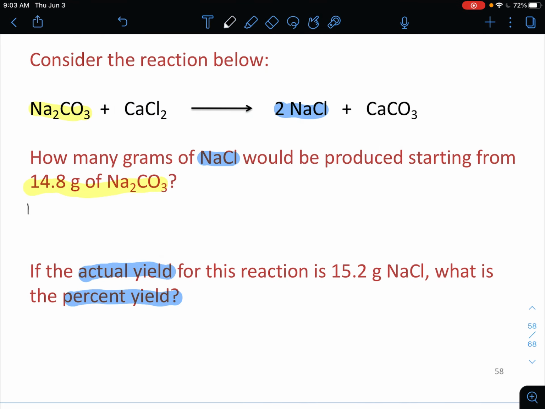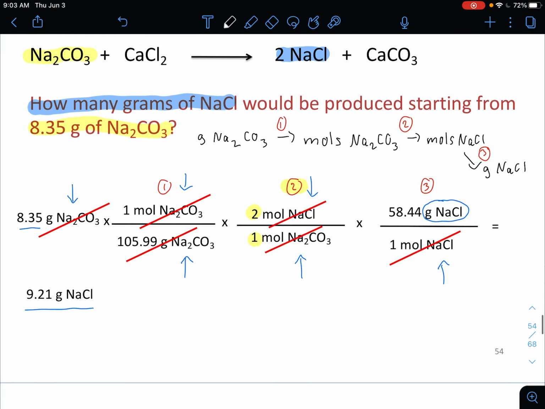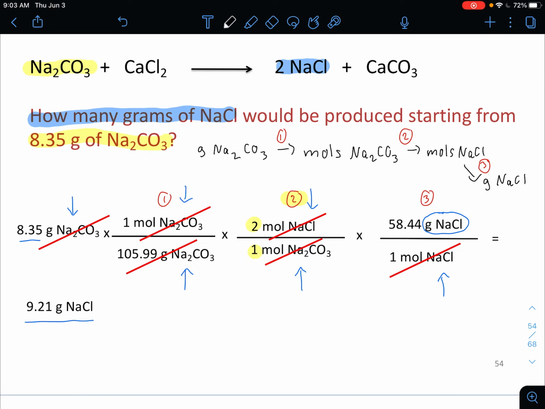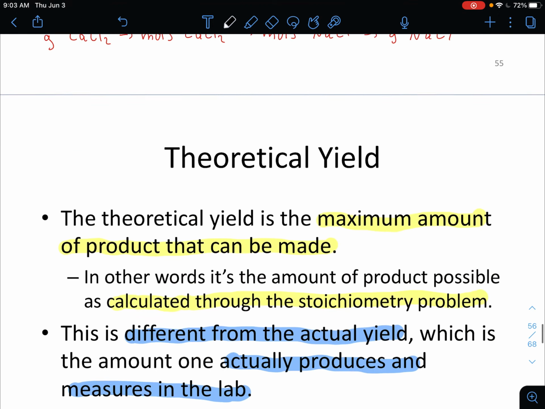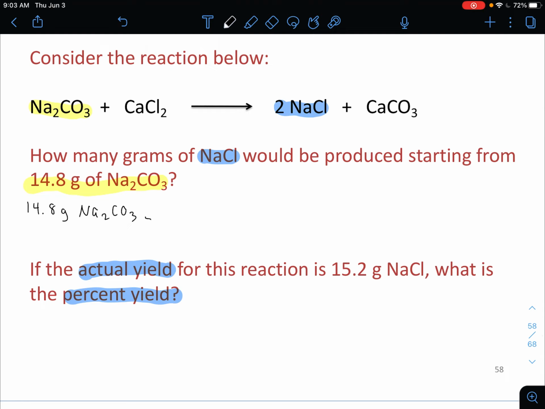So 14.8 grams sodium carbonate. If I go back to the original example, it has the molar mass for sodium carbonate there and the mass of sodium chloride, which we've used a couple times. So I'm just going to use that value. So it will be times 1 mole sodium carbonate over 105.99 grams sodium carbonate.